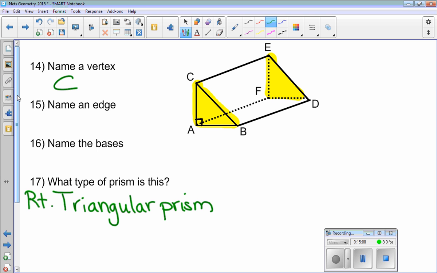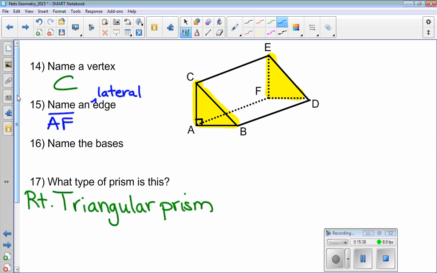Is CA a lateral edge? It's not. So we need to make sure that we are clear that we're talking about a lateral edge. How many lateral edges do you see? 3: CE, AF, and BD. I'm going to just use AF as one, but there are 3 of them.